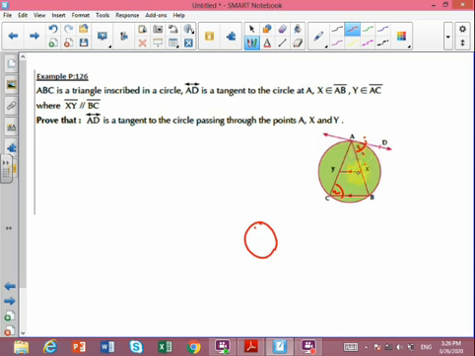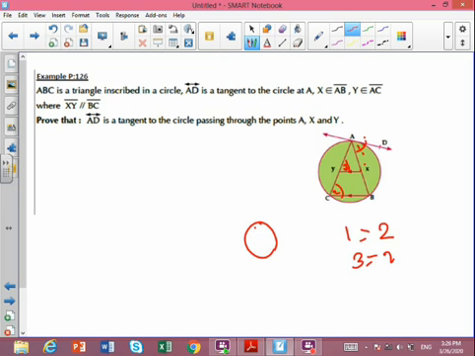And as you see, XY and BC are parallel, and AC is a transversal, so the measure of angle 2 equals the measure of angle 3, corresponding angles. So 1 equals 2 and 3 equals 2, so angle 1 and angle 3 are equal.